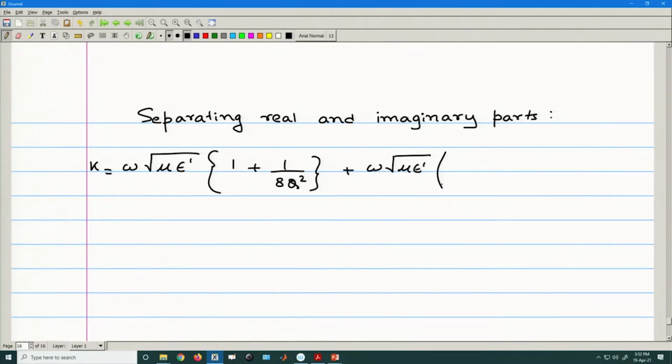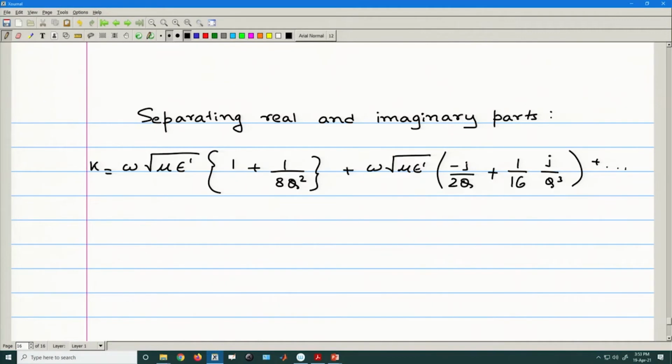The imaginary parts we have are this minus j by 2Q plus 1 by 16 times j by Q.